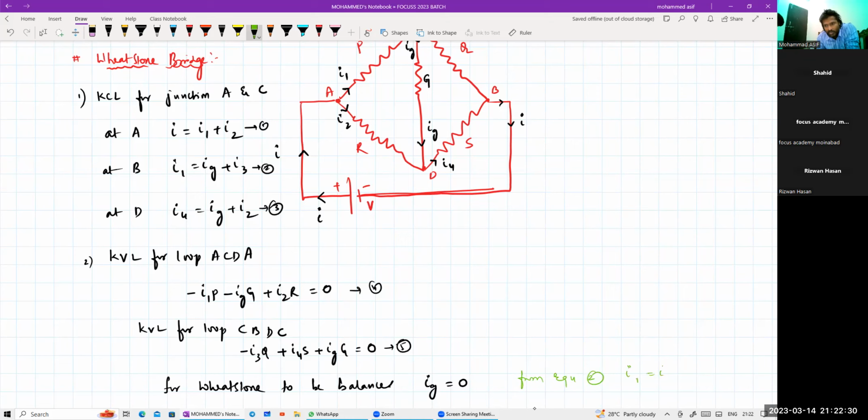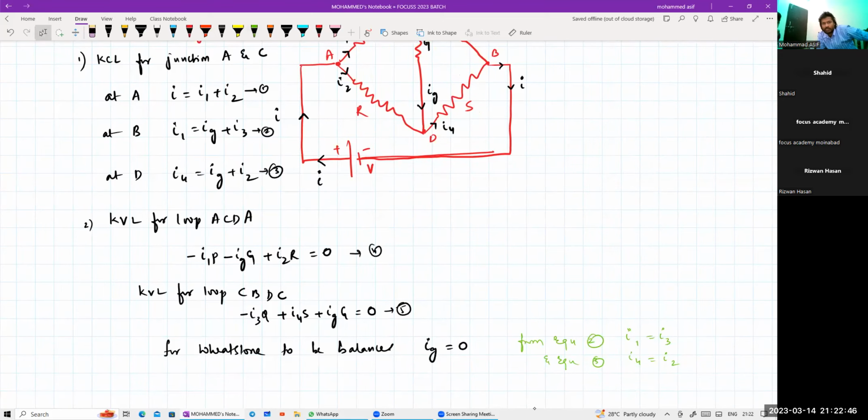I1 will be equal to I3, isn't it? And from equation 3, I4 will be equal to I2. Put IG as 0 in equation 2, so I1 will be equal to I3. Put IG as 0 in equation 3 also, I4 will be equal to I2, isn't it?